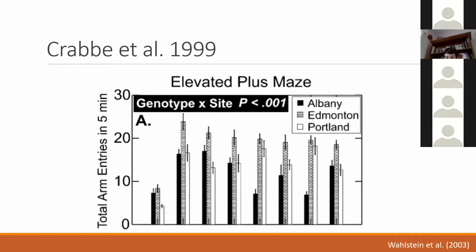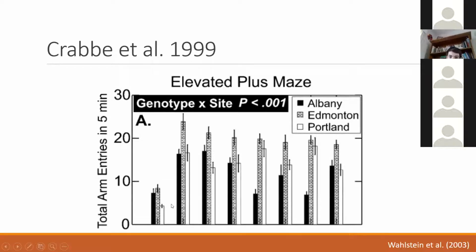And across the 5 tasks, they found that behavior was pretty different in 3 of them. I've shown you here the data from the elevated plus maze, so just how often these mice are entering different arms of the maze in 5 minutes. And you can see from the graph, the x-axis is just different strains of mice, and the y-axis is the number of times they're going into these arms.